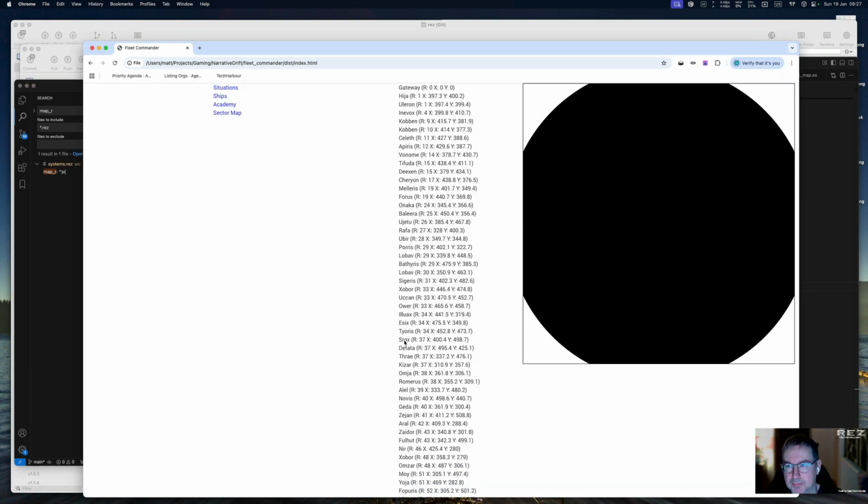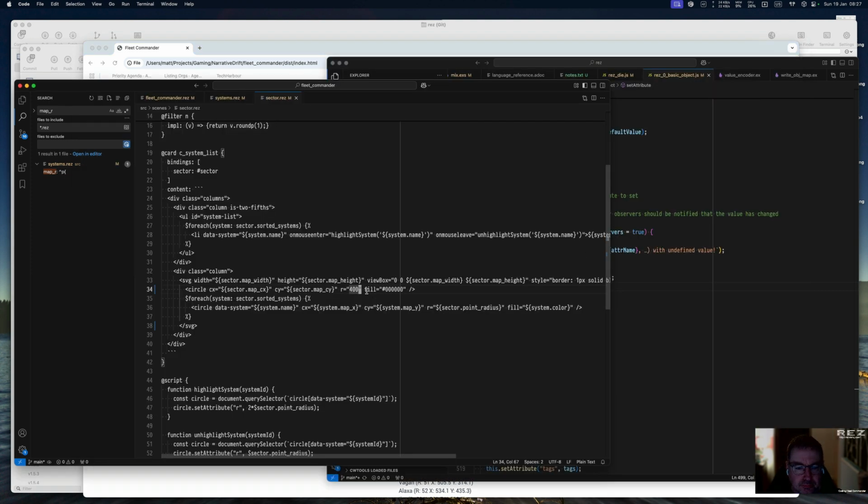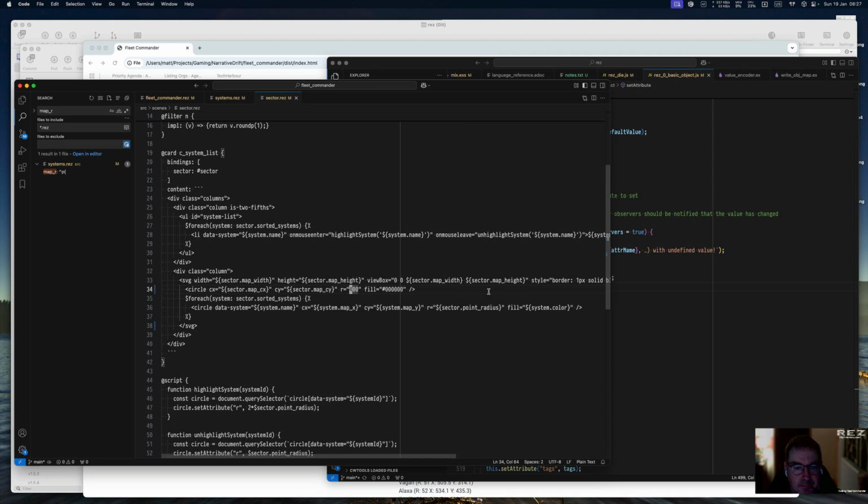Maybe it's 2. Oh, so by inspection, it's 2. So R 400. Well, that would make sense because this is an 800 by 800 box. So a radius of half of that would work.